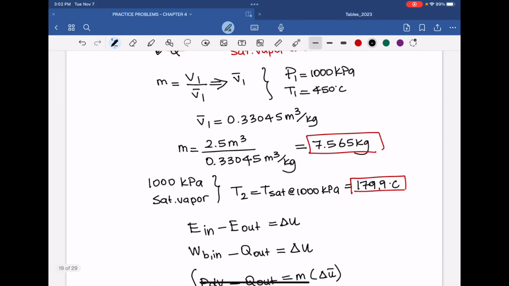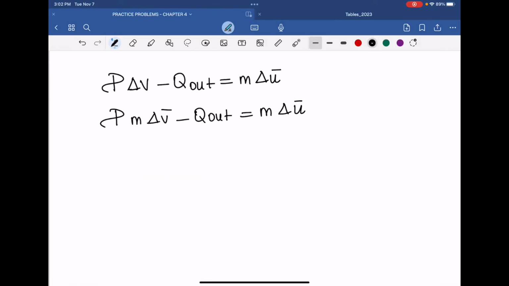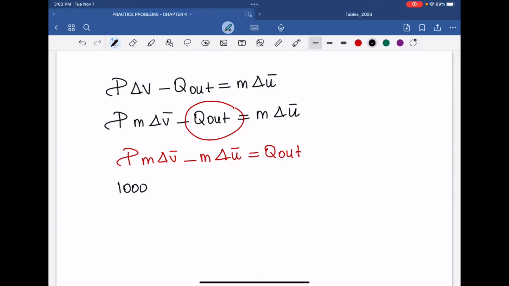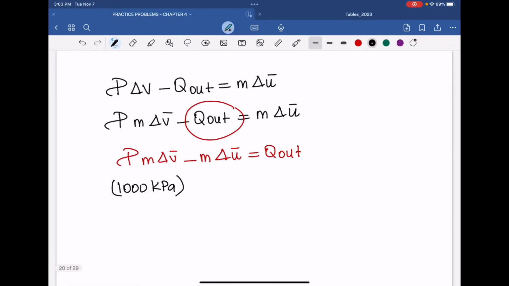Okay, let's check it's correct. So here what are we going to do? We are trying to find the heat, right? So we know the pressure. Let's write it down. We know the mass, that was 7.565.